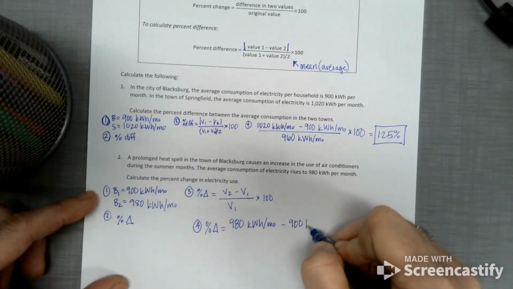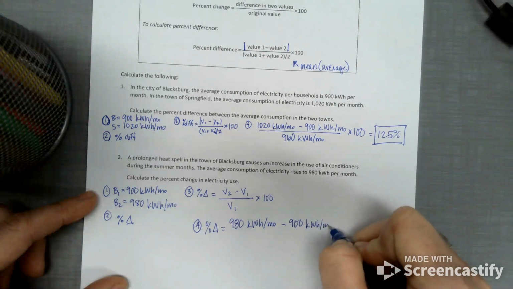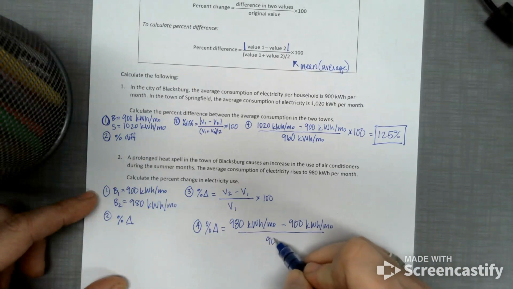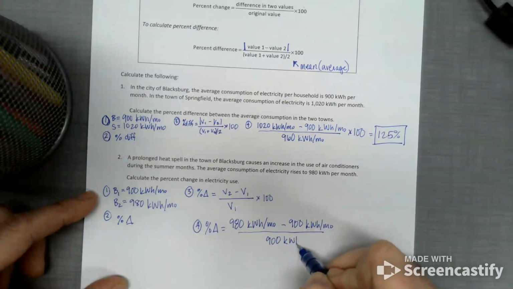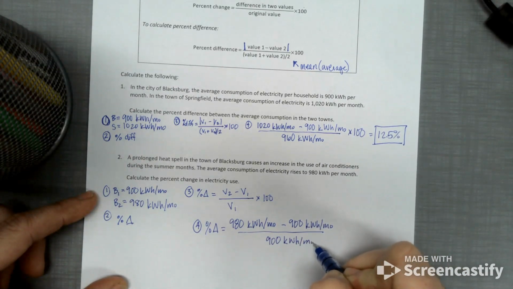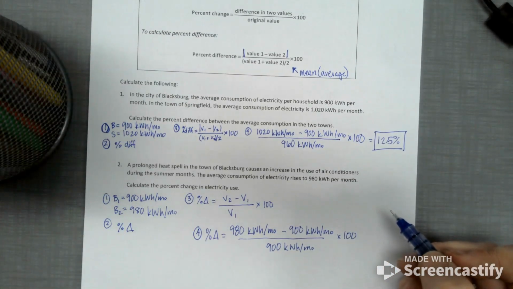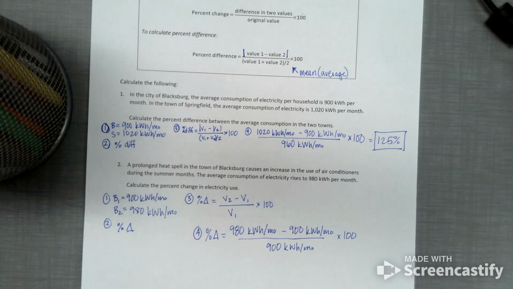980 minus 900 kilowatt hours per month, all over the original value, which was the 900 kilowatt hours per month. Multiply that by 100. The difference is 80 kilowatt hours per month, but as I told you before, the units all cancel out.